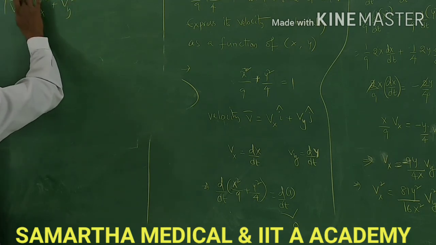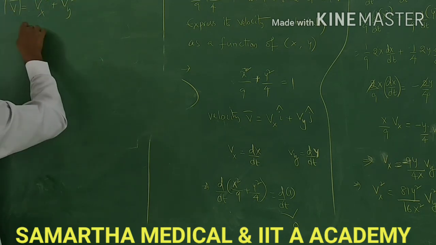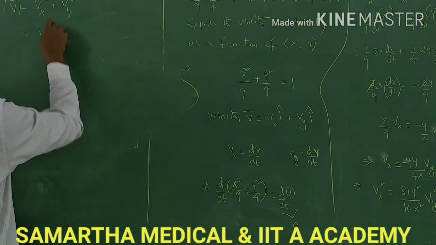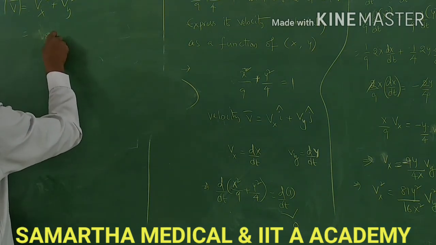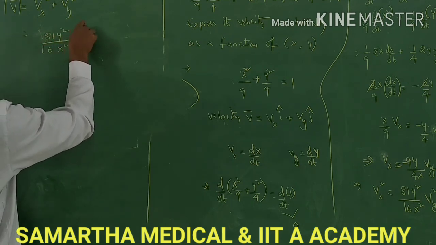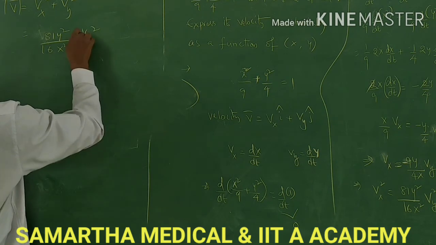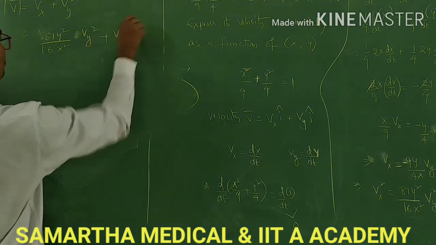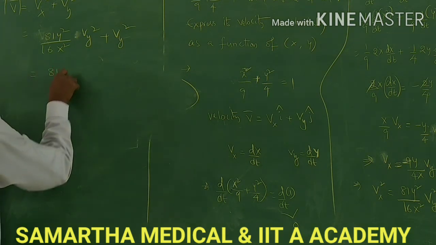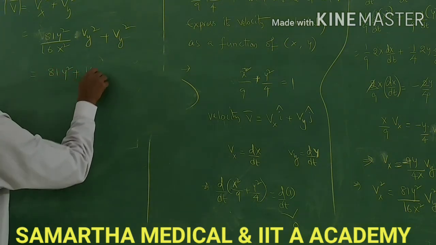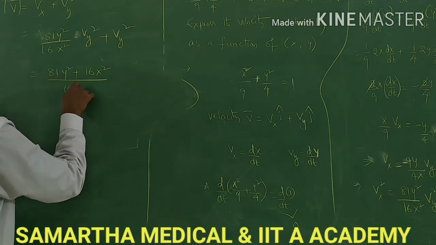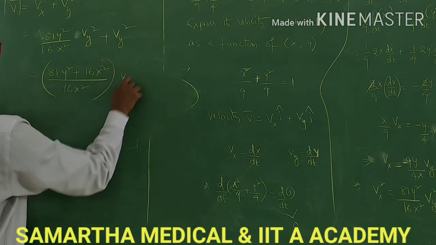So our v square value, tell me: vx square is 81y square by 16x square into vy square, plus vy square. That is 81y square vy square plus 16x square vy square, divided by 16x square.